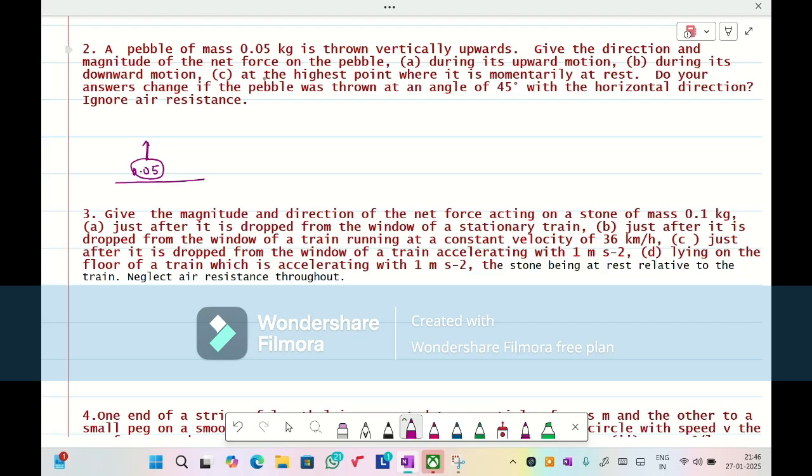So it is vertically upward motion, and it is asking for the net force on the pebble. Thrown vertically upward, give the direction and magnitude of net force. Here net force means only mg downwards during upward motion. During downward motion also mg downwards.